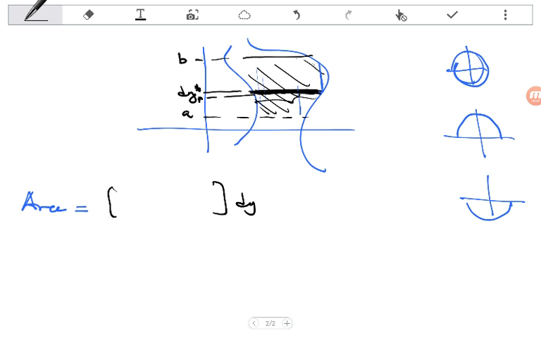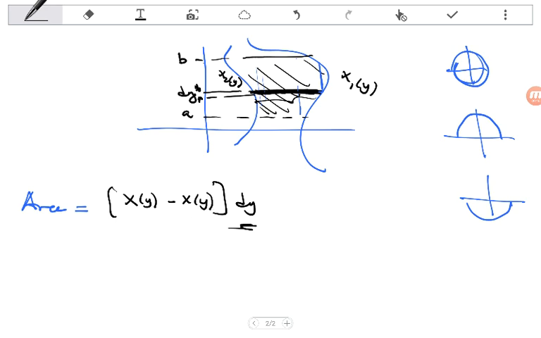This is a relation between x and y. How would we express it? We would express it as x1 of y and x2 of y. We are integrating with respect to y, so both functions need to be functions of y.